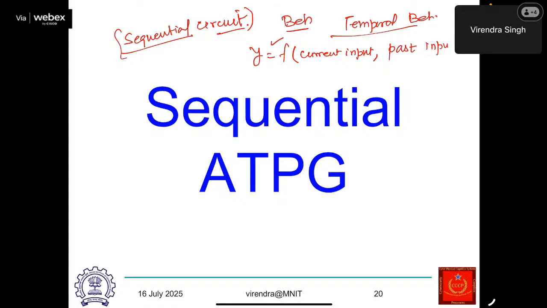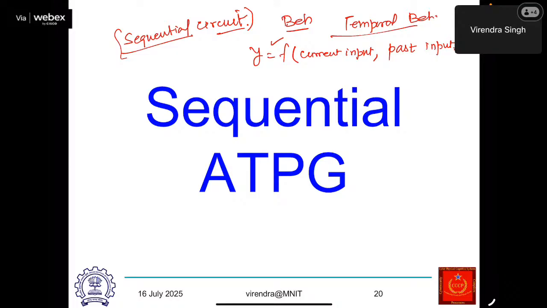Sometimes people get confused and say that the sequential circuit's output depends on the current input and past output. It is not dependent on past outputs, it is dependent on past inputs that you are receiving.